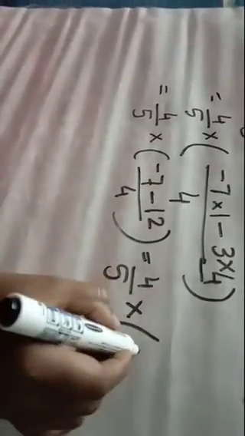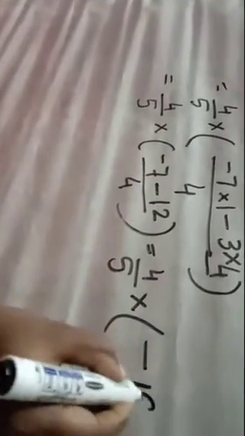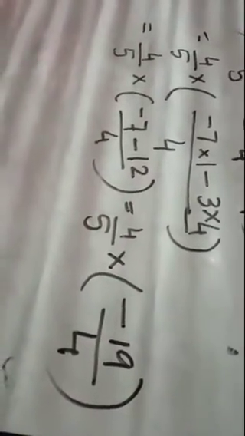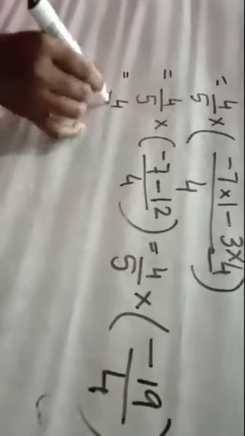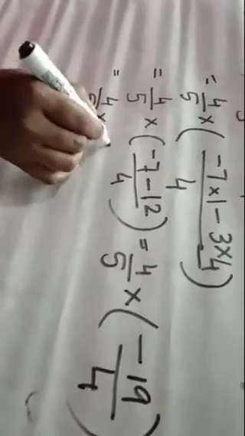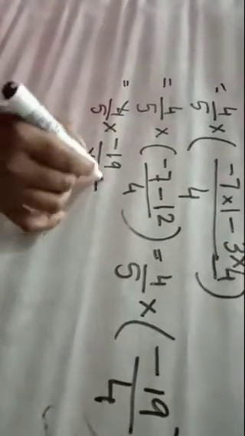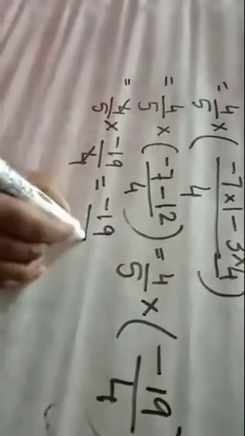It is the same sign, so negative 19 by 4. That is equal to 4 by 5 into negative 19 by 4. The 4 gets cancelled. Answer is negative 19 by 5.